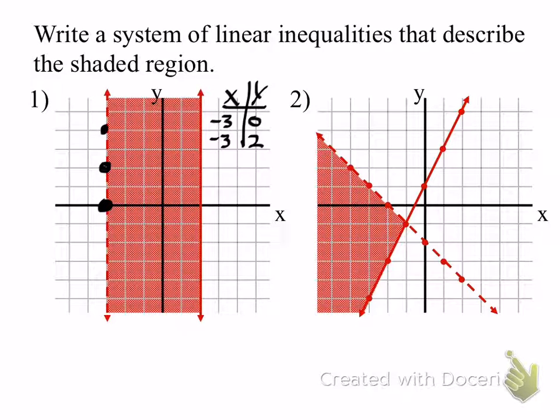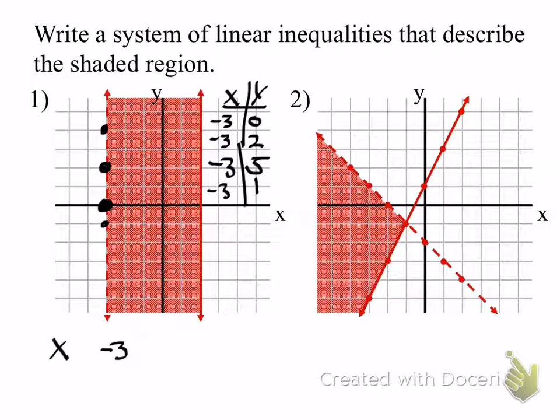What is that? -3, 5. Good. If I pick this, -3, 1. Okay, so what is x equal to? Always. When you see the constant, you put it like an x equals that. Now we have to change this to an inequality.